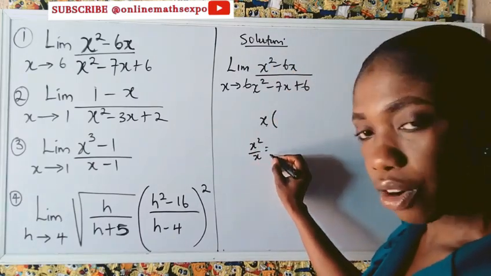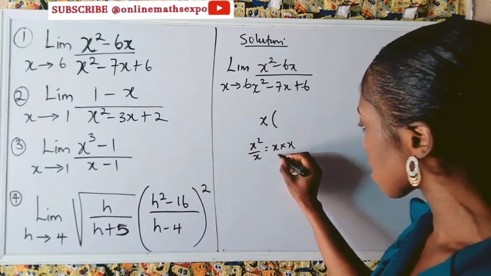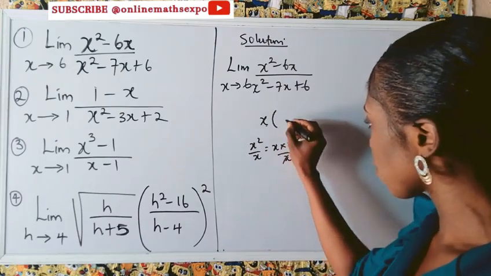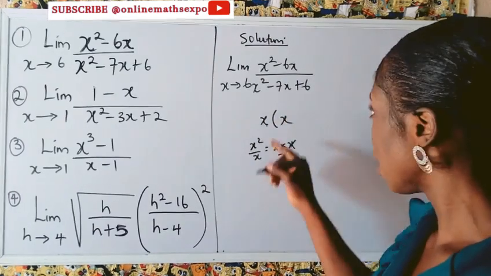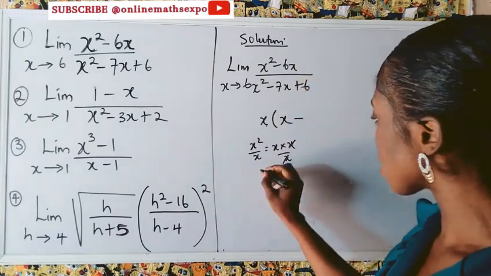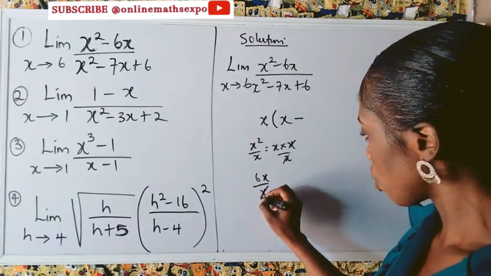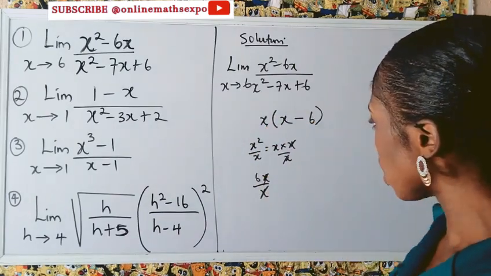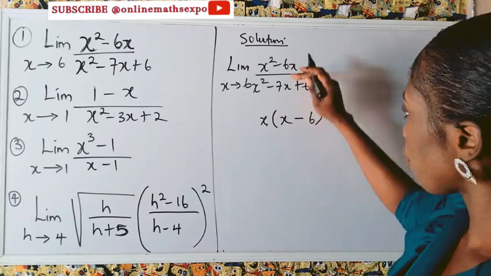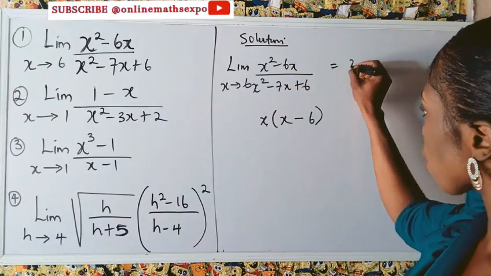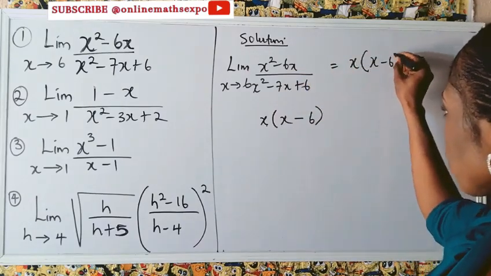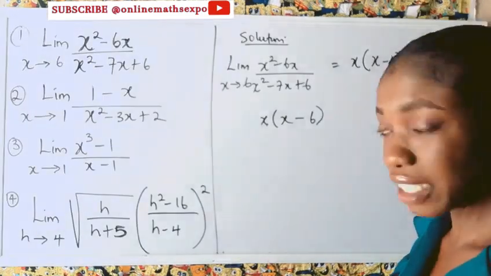You know x to the power of 2 means x multiplies x. So when you divide, you'll be left with only x. Then minus, this is 6x, divide it by x, this will give us 6. So if you factor out x here, we are going to have x times x minus 6. I hope it's clear.